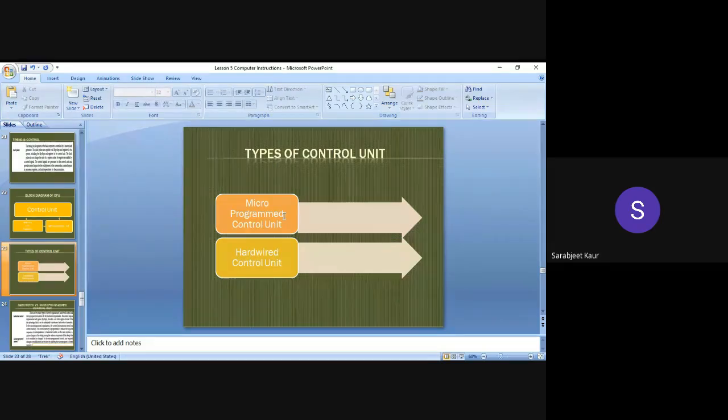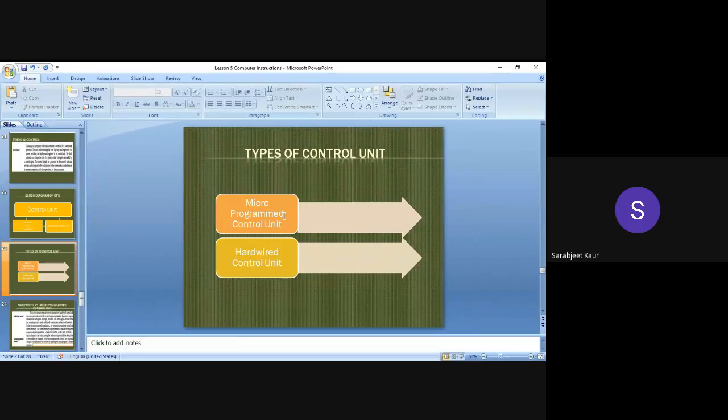The most basic operation which we cannot divide any further, when that is specified by an instruction, is known as a micro instruction. The operation itself is known as a micro operation.